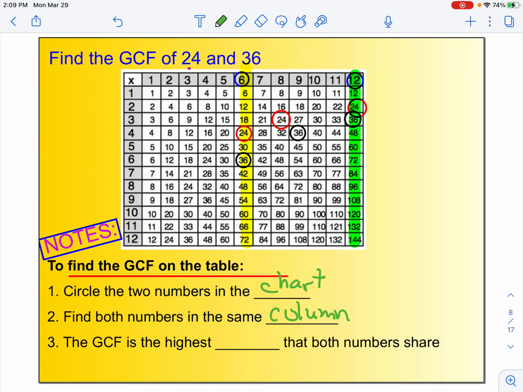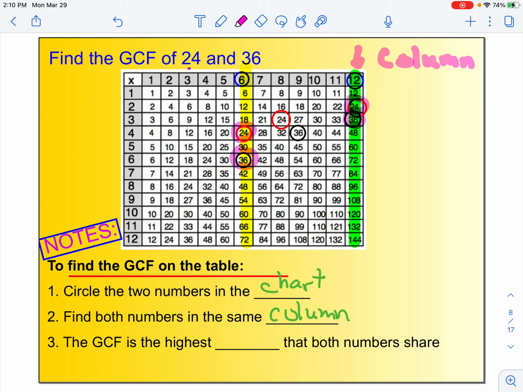Okay, so these two numbers right here are in the same column, and so are these. Okay, so these are columns. Columns go down like this. And the GCF is going to be the highest number that both share.